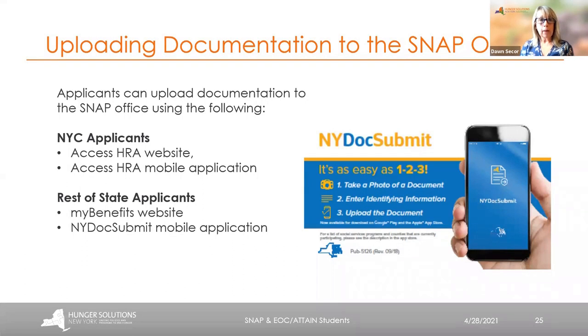We also have mobile applications, and you can see that HRA has Access HRA, and New York State or Upstate has New York Doc Submit mobile application. And this is by, you can use your phone to take a picture of a document and identify what it is and upload it so it goes to the county, to your local SNAP office.